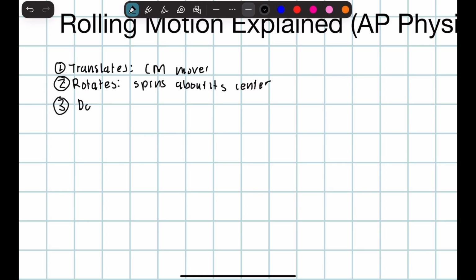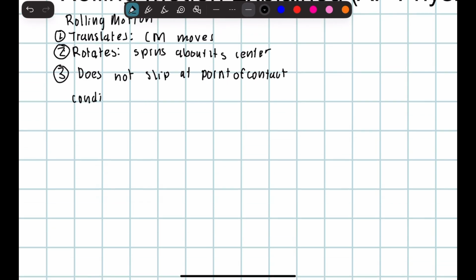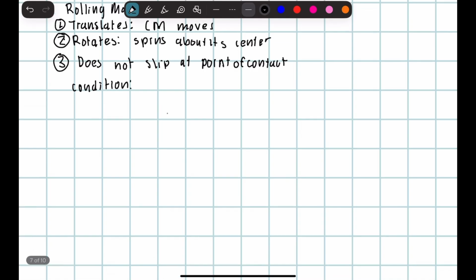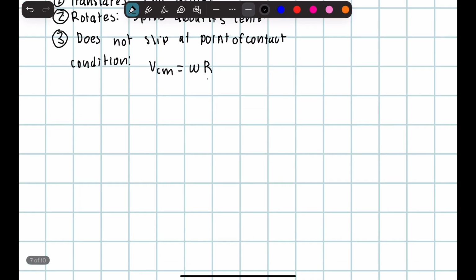It does not slip at the points of contact. So the defining condition for rolling motion is that v center of mass is equal to the angular velocity times the radius.